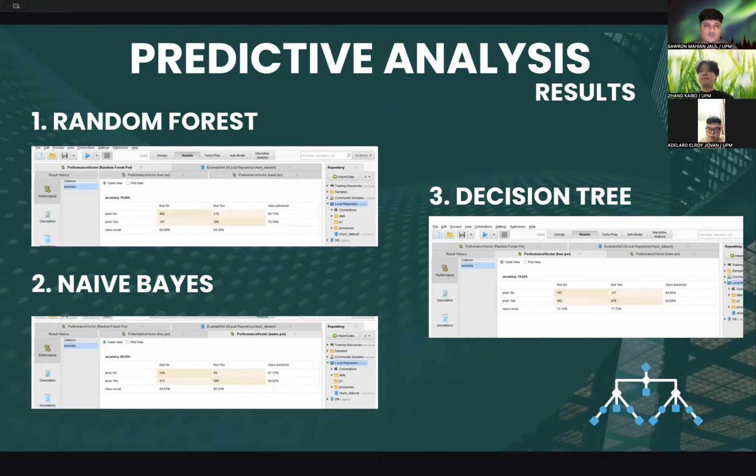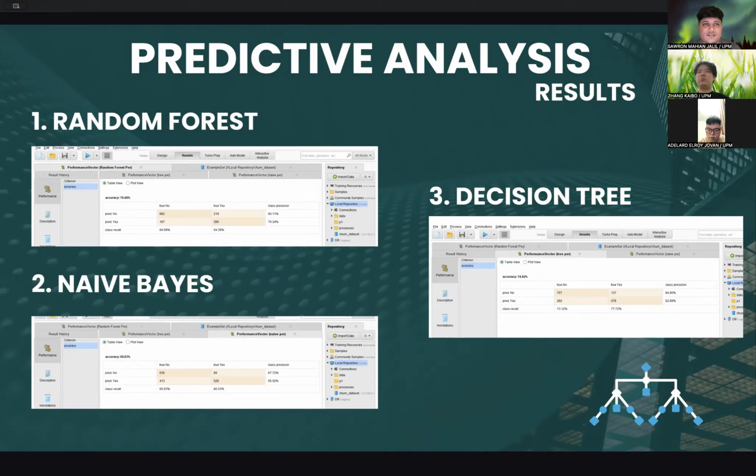This slide shows the result that the random forest model achieved the highest overall accuracy. However, when focusing on recall for churn customers, Naive Bayes performed the best, since recall is more crucial for identifying customers at risk of churn.